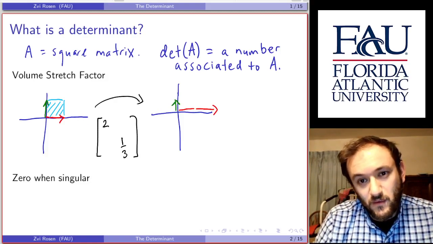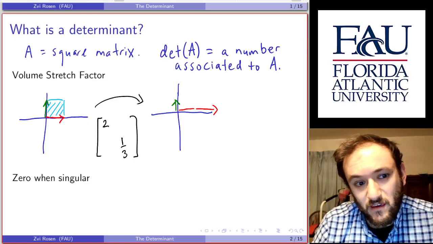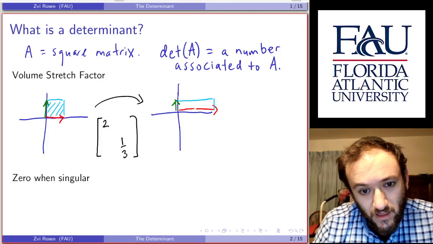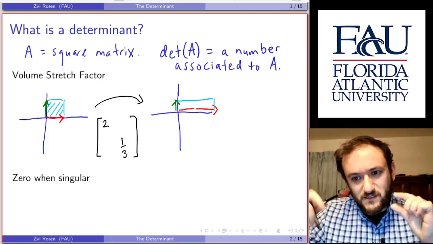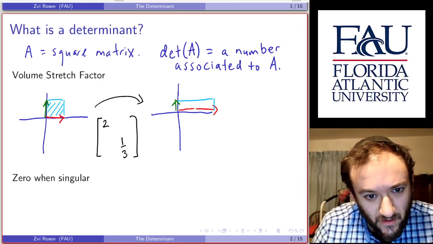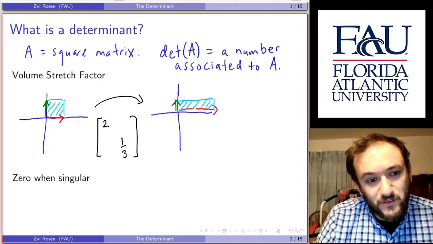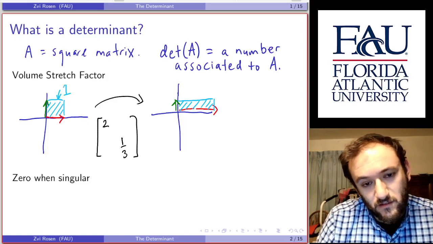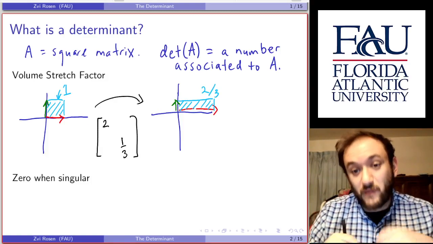And so what we find is that the unit square that we had before got stretched out. Shorter in one direction and longer in the other. And you can see if this has area 1, then this is going to have area 2/3 because it got scaled by 2 in one direction and by 1/3 in the other.